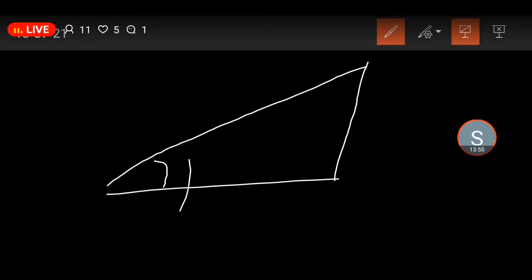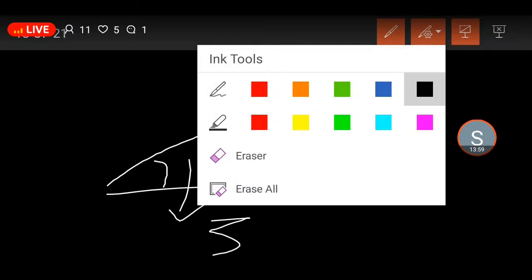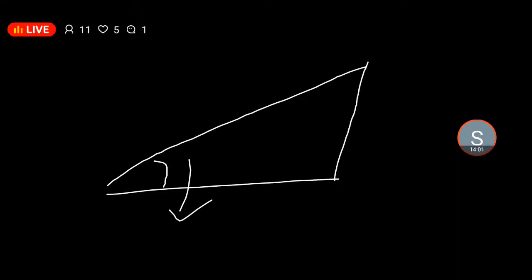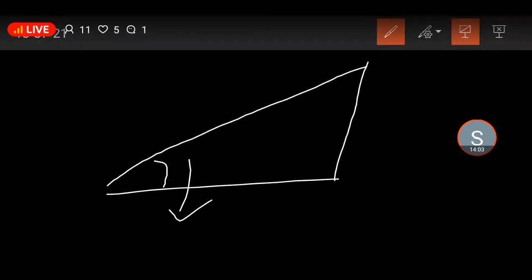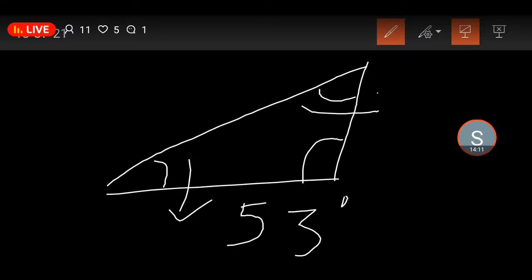This is 53 degrees. This is 90. What will this be? 90 plus 53, 37 degrees. This is okay. Sorry, guys, I got confused.